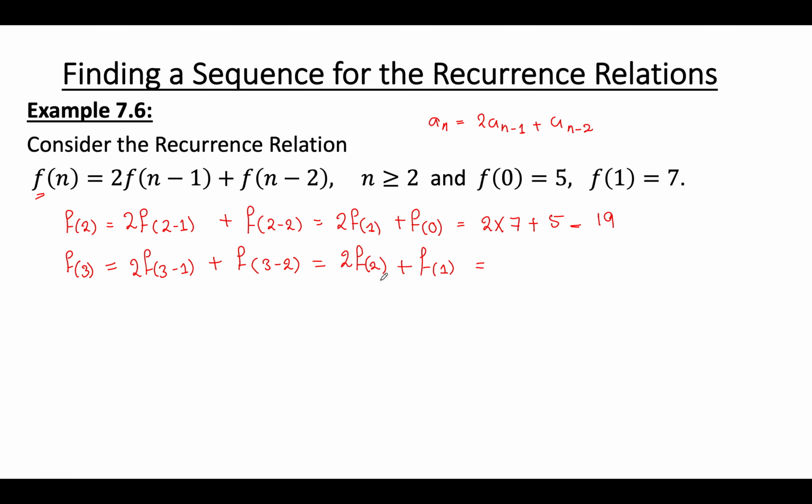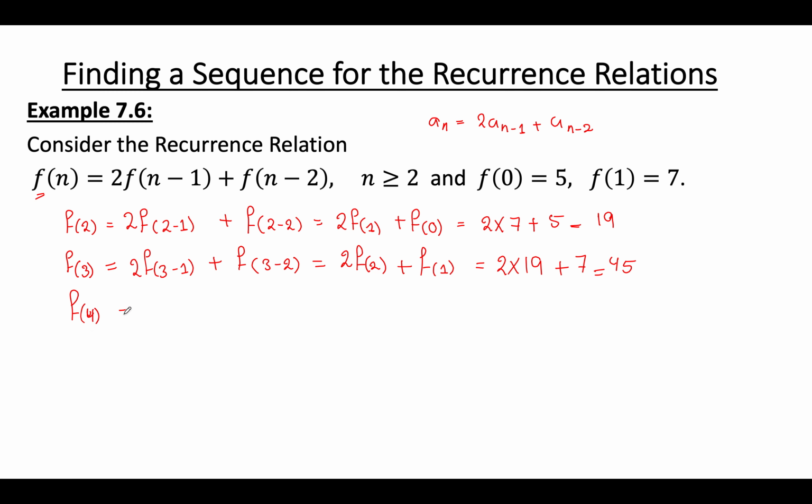So here we have f(2) equal to 19. So 2 times 19 plus f(1), which is equal to 7. And here we got 2 times 19 plus 7 is equal to 45.